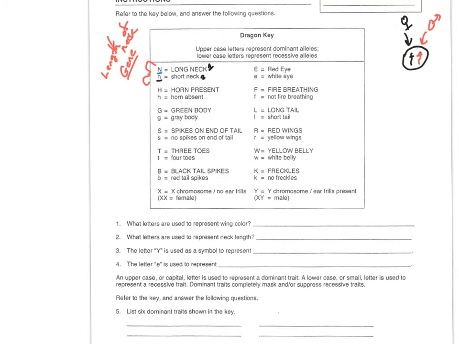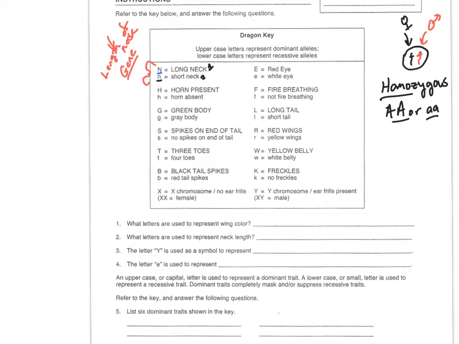Now, dad and mom's allele might be the same for a length of gene, or they might be different. When they're the same, we call them homozygous. Homo means the same, zygous same gene, so these are going to have the same alleles, either big A or little a, depending if they're homozygous dominant or homozygous recessive.